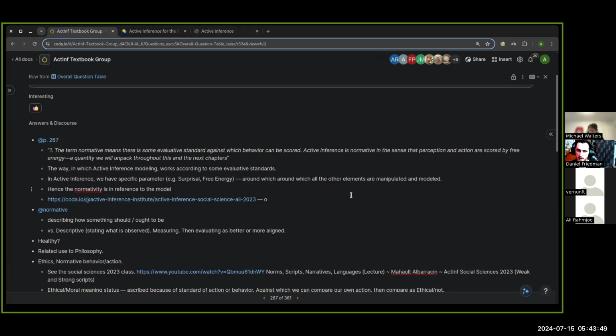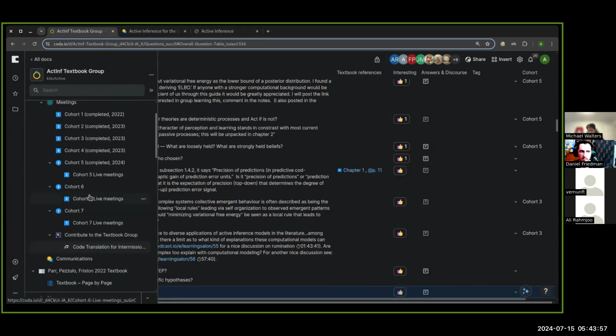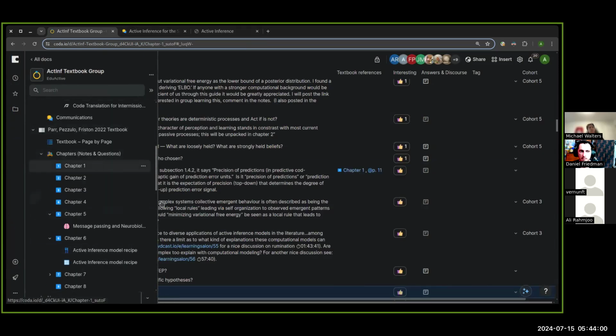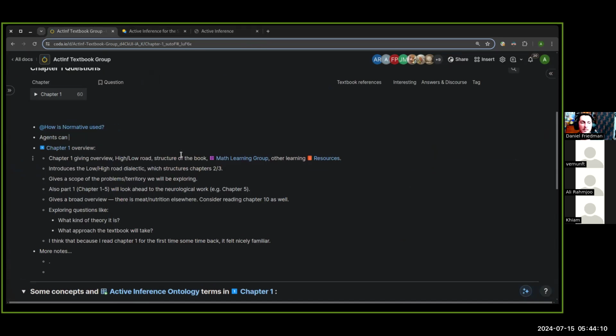Sure. Moving on to a different subject, I was wondering, the agents or entities often have a sort of biased preference or prior.